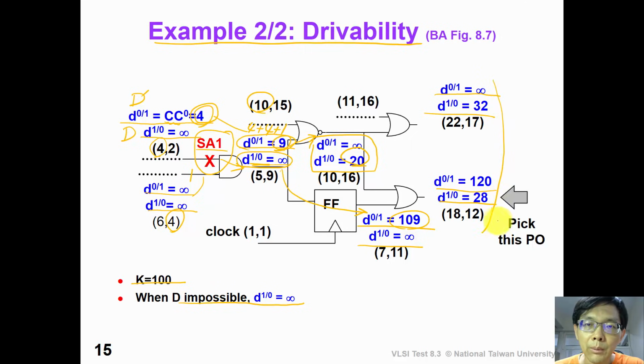From these four numbers, we can now pick this primary output as our target, since this one is the smallest, which means that if we propagate the fault effect along this green dashed line, it will be the easiest. So the BACK algorithm would pick this primary output and try to propagate the fault effect through this dashed green line.